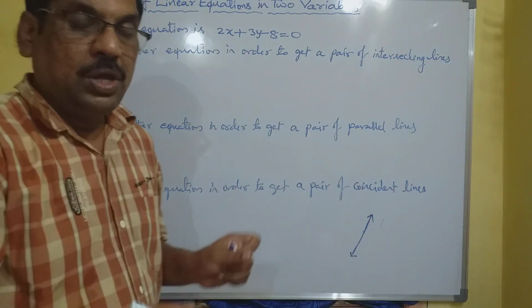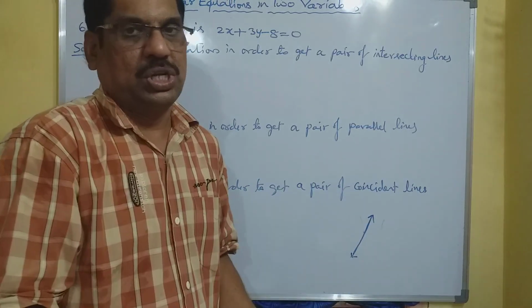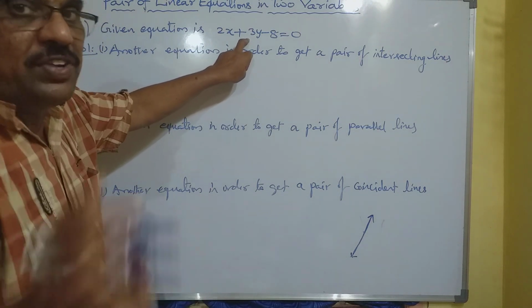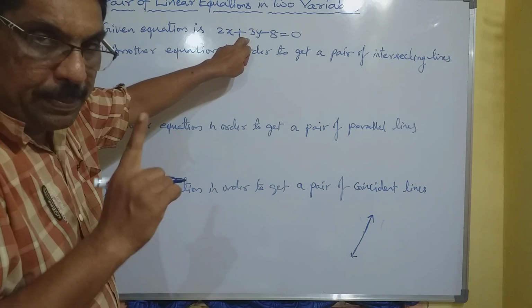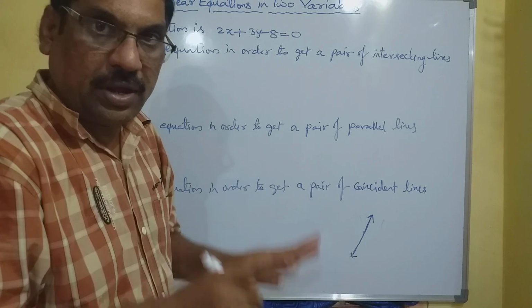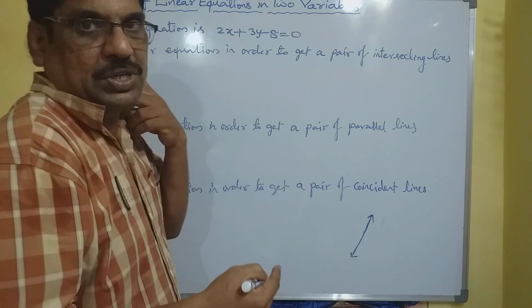Like that, if you want to get intersecting lines, what would be the second equation? The first equation is already given. If you represent the given line and the second equation as a graph, to get intersecting lines, what would be the second equation?